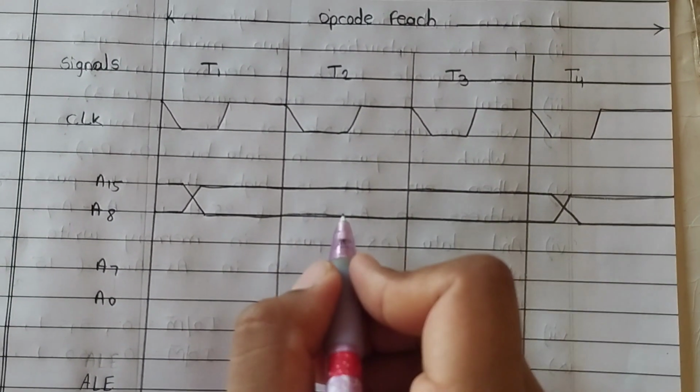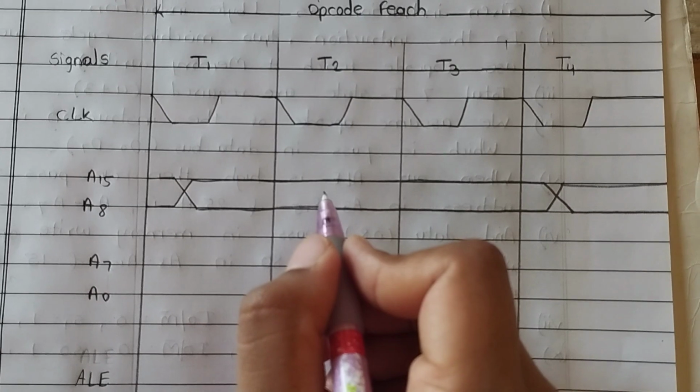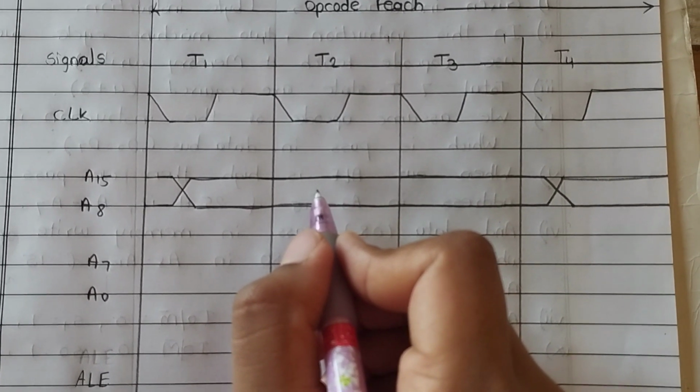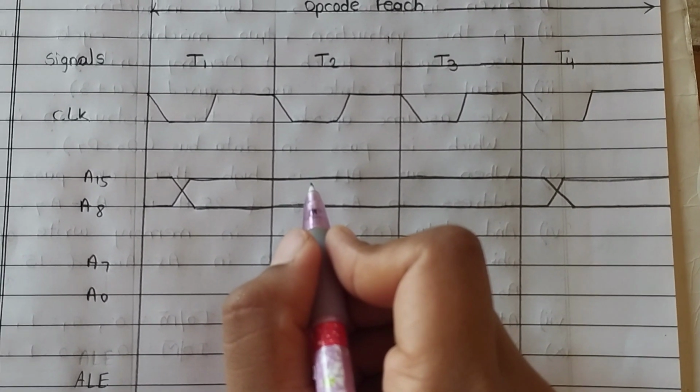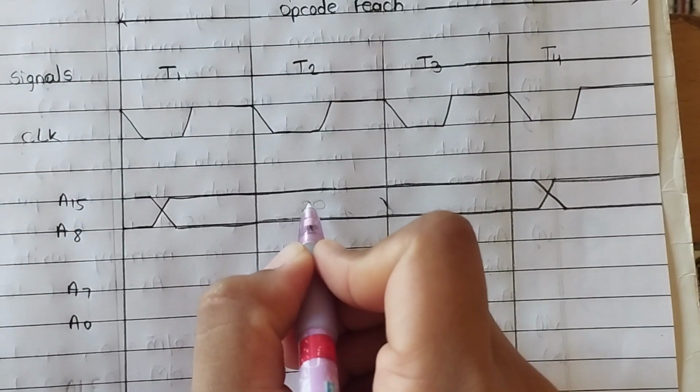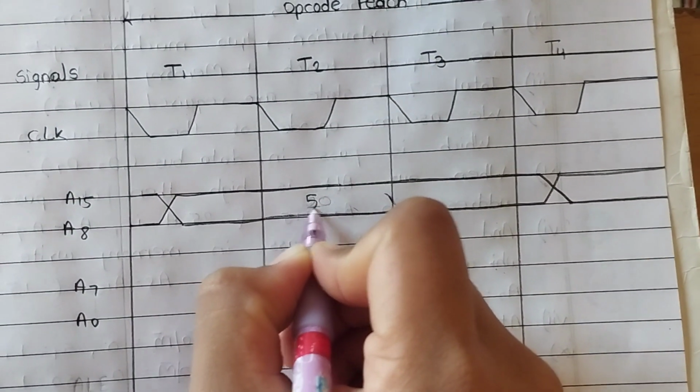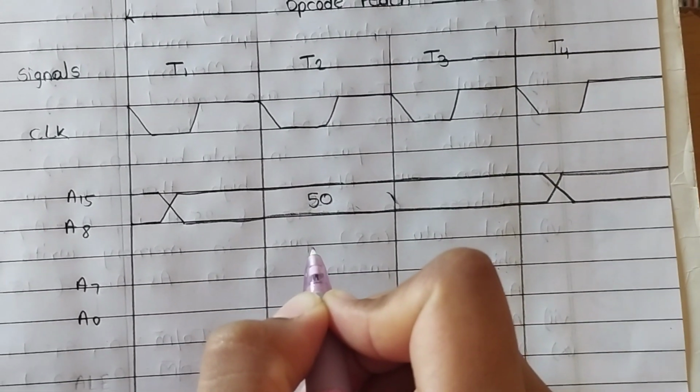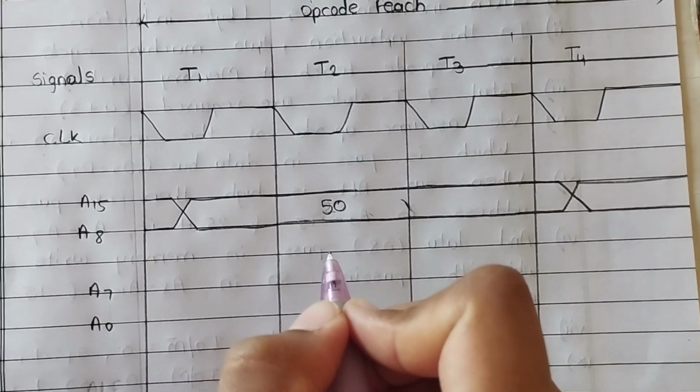So now we draw our most significant address, and here we write the most significant byte of our address. So 15 is our most significant byte, so we write it here as the most significant byte of the address.